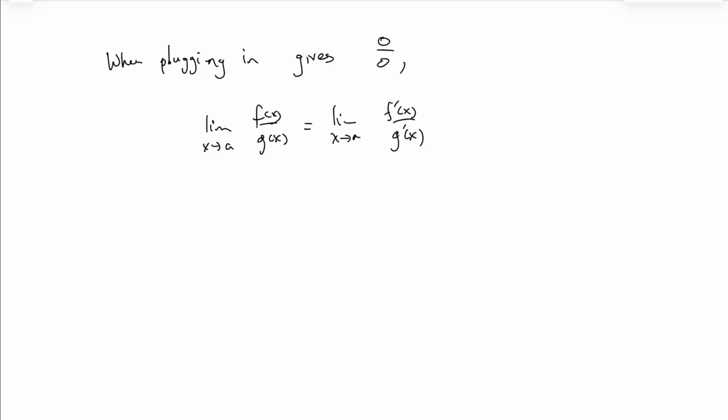All right, this is the formula for L'Hopital's rule. When you plug into the function and you get 0 over 0, then the limit as x approaches a of f of x over g of x is the same as the limit of f prime of x over g prime of x. That's L'Hopital's rule.